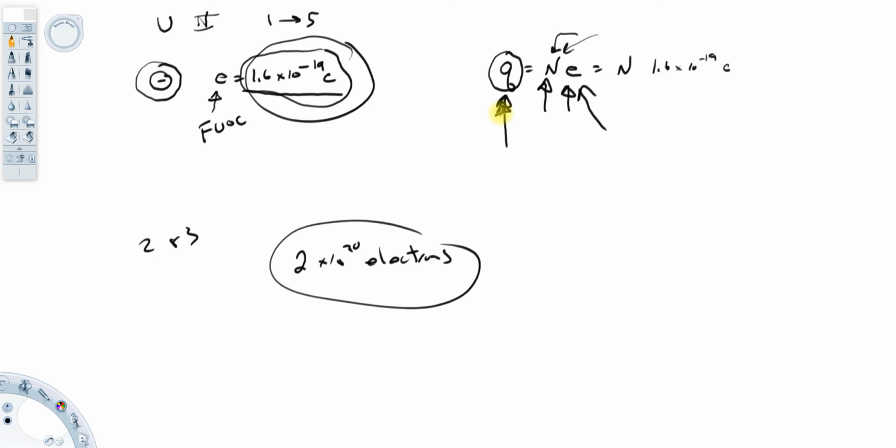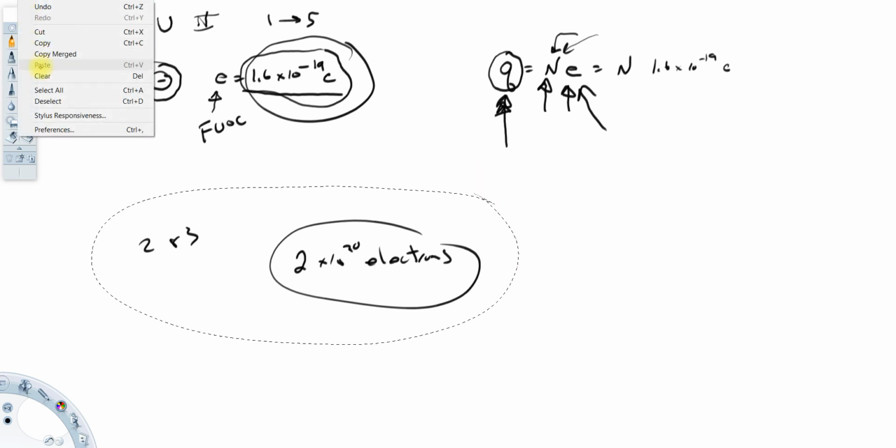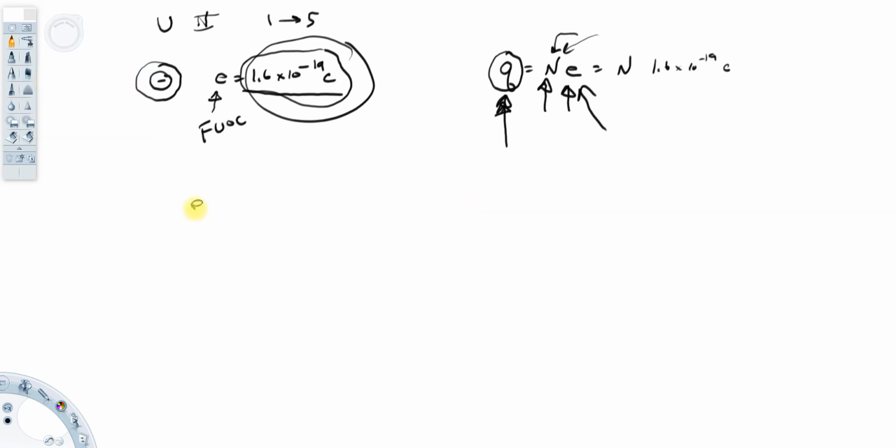Oh, actually, number 5 I do want to talk about a little bit more. I see it's slightly different. It's got what I would call a little league curveball here. So in part A, it says there are 6.33 times 10 to the 6th electrons and 8.61 times 10 to the 6th protons. So you see there are more protons than electrons. Now a proton and electron have the same charge, other than electrons have a negative charge, protons have a positive charge.